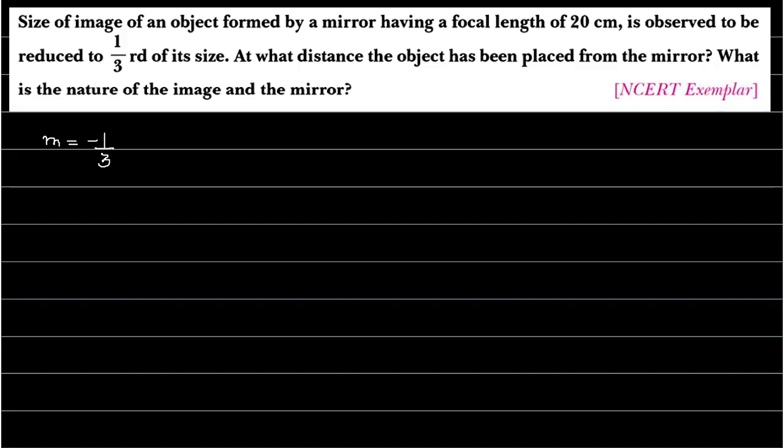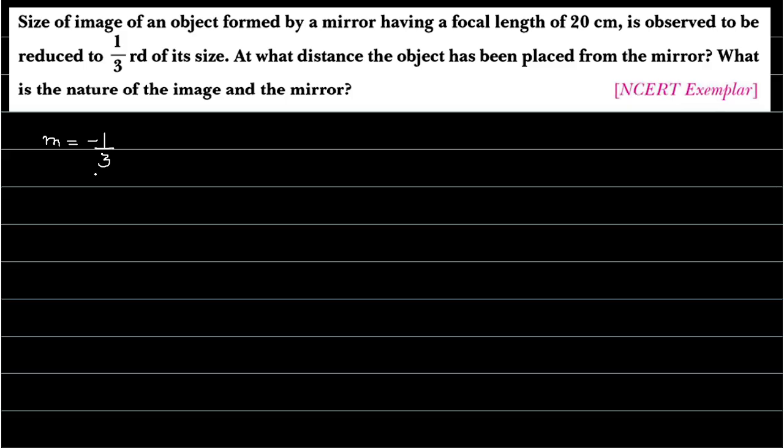We know that both concave and convex mirrors form a diminished image. That means it is still not clear what the type of mirror is, so we have to take both possibilities: what happens if the mirror is concave and what happens if the mirror is convex.